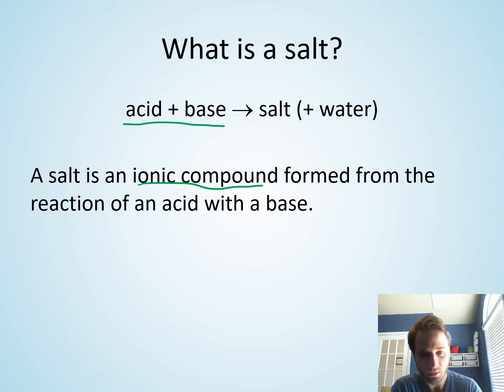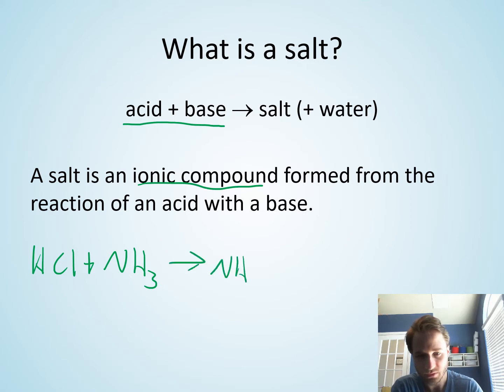For example, if I react HCl plus NH3, HCl is my acid, NH3 is my base, this will form NH4Cl. In this case, there's no water being formed, but some reactions could form water. Let's do a different example here.